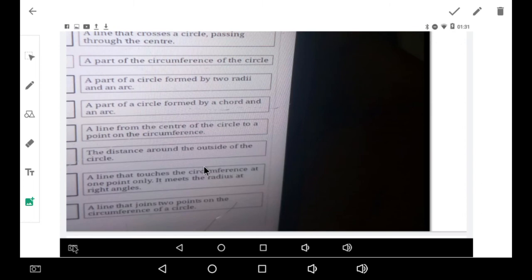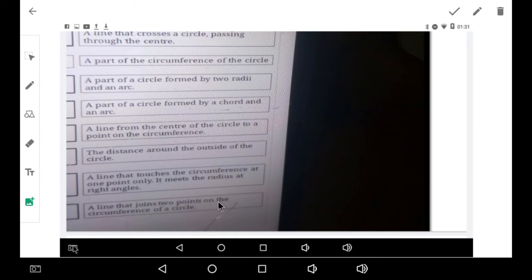A line from the center of the circle to a point on the circumference. A radius. The distance around the outside of a circle, yes, that's circumference. A line that touches the circumference at one point only and meets the radius at right angles.